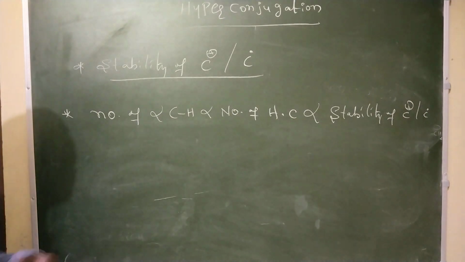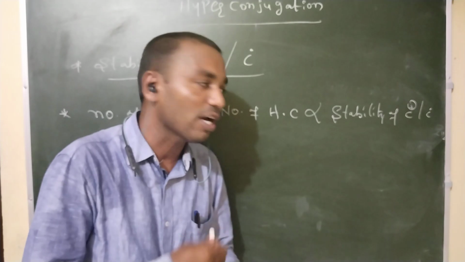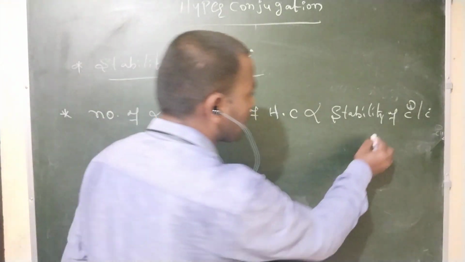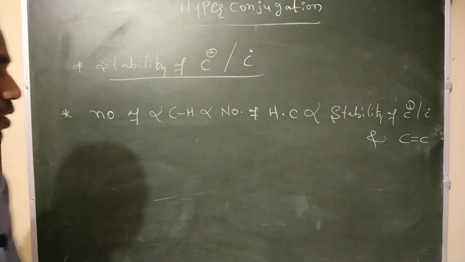Fine. So the more the number of alpha carbon hydrogens, the more the hyperconjugation structures, the more the stability of the carbocation and also the carbon free radical, and also we can go with the double bond also, right?